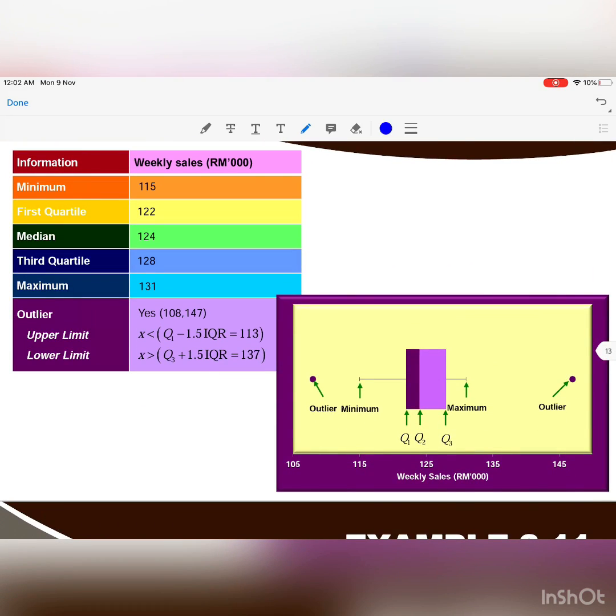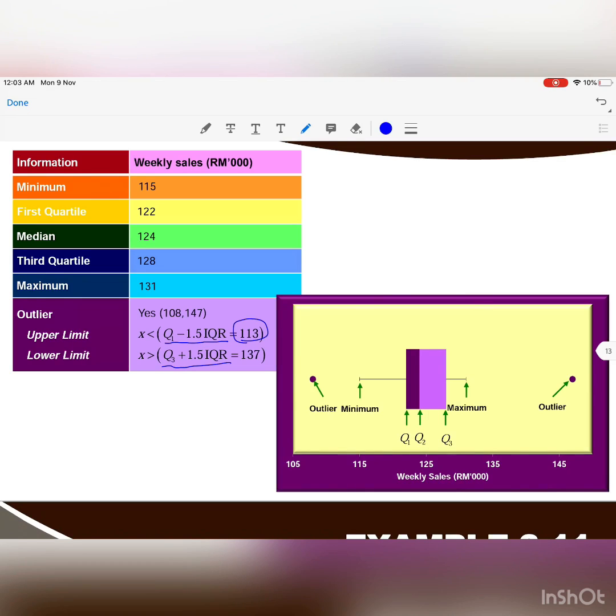Before we draw a box plot, we need to detect, is there any outliers? How to find the outliers? By using the formula: Q1 minus 1.5 IQR. Another one is Q3 plus 1.5 IQR.